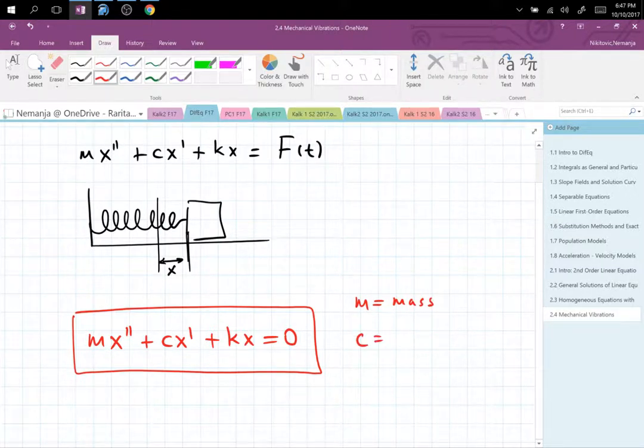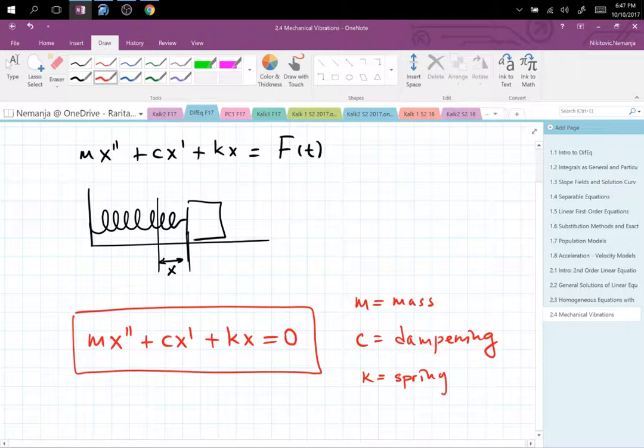We have c, which is the damping constant, and we have to talk about damped versus undamped. And then we have k, which is the good old spring constant. So this is our equation.